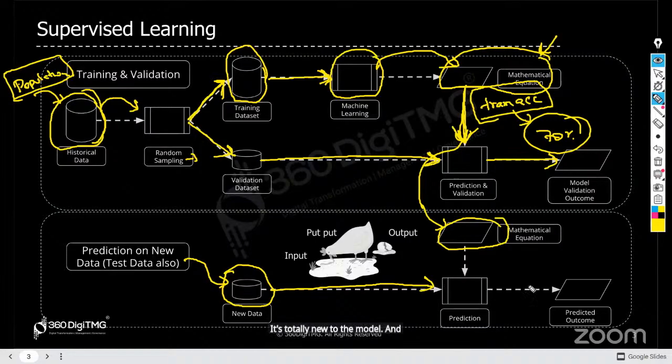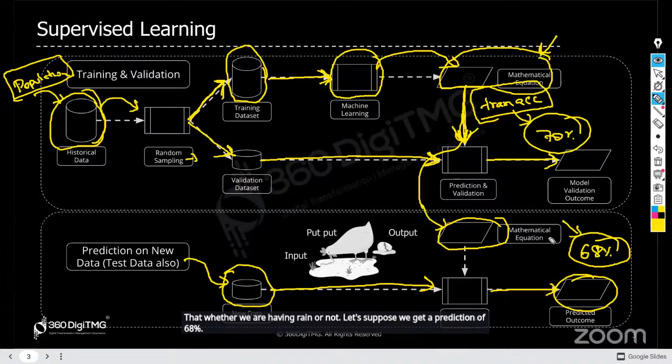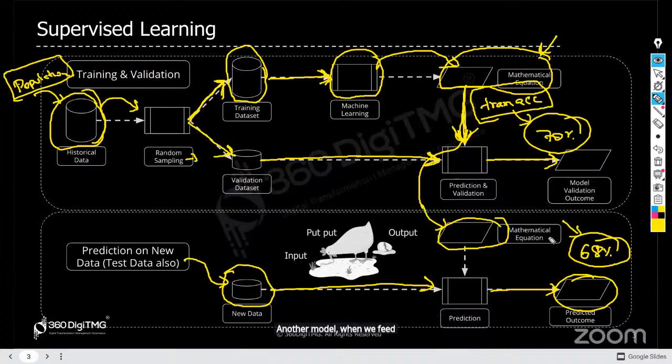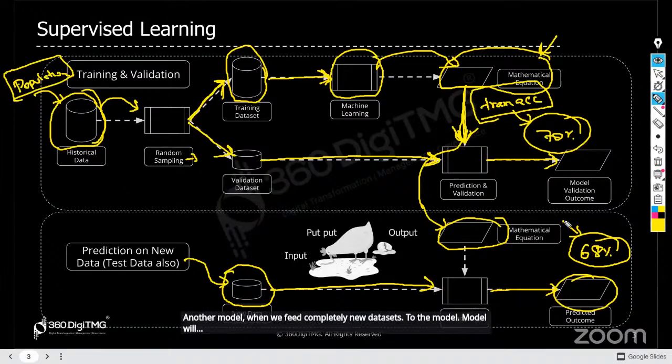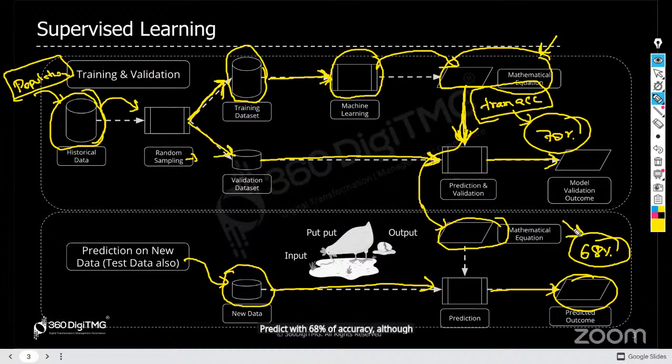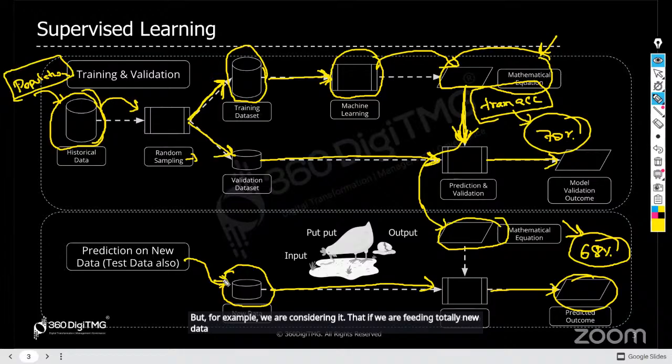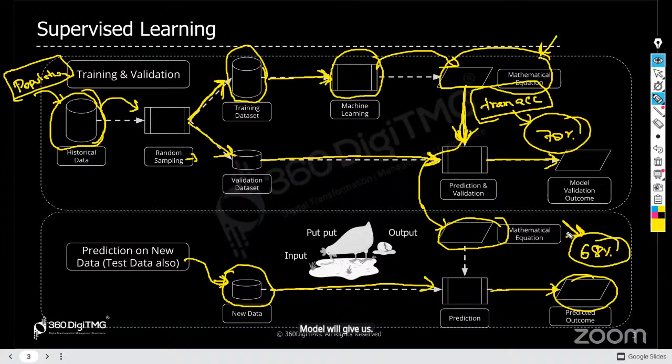Once we feed it, it will give us a prediction of whether we are having rain or not. Let's suppose we get an accuracy of 68%. Although it's not a very good accuracy, for assumption, if we feed totally new data to the model, it will give a prediction with 68% accuracy.